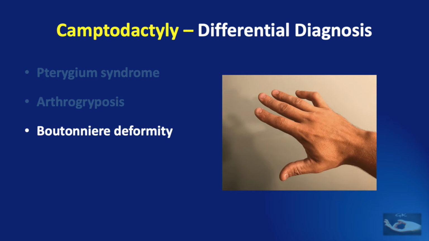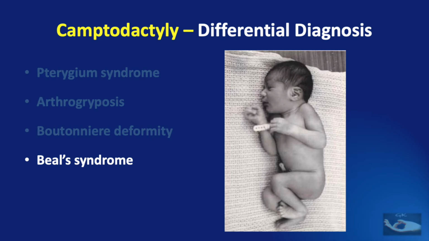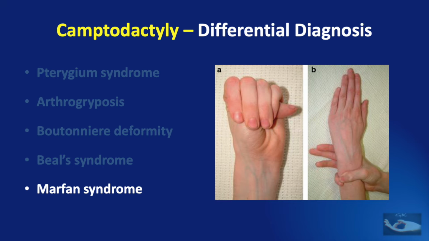Boutonniere deformity also may look like camptodactyly, but there is a history of trauma and pain, joint swelling, and reciprocal distal interphalangeal joint hyperextension. In Beals syndrome, there is congenital contractural arachnodactyly, kyphoscoliosis, and external ear deformities. In Marfan syndrome, arachnodactyly without flexion contractures may be seen; loose ligaments, eye problems, and dissecting aortic aneurysm may be associated.